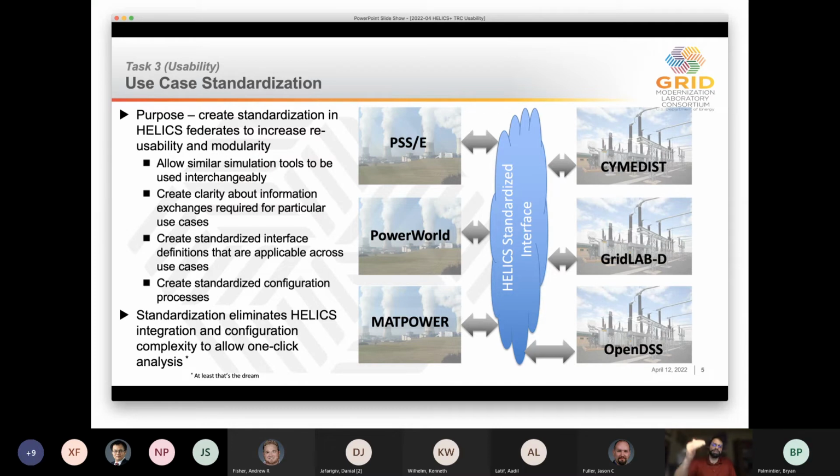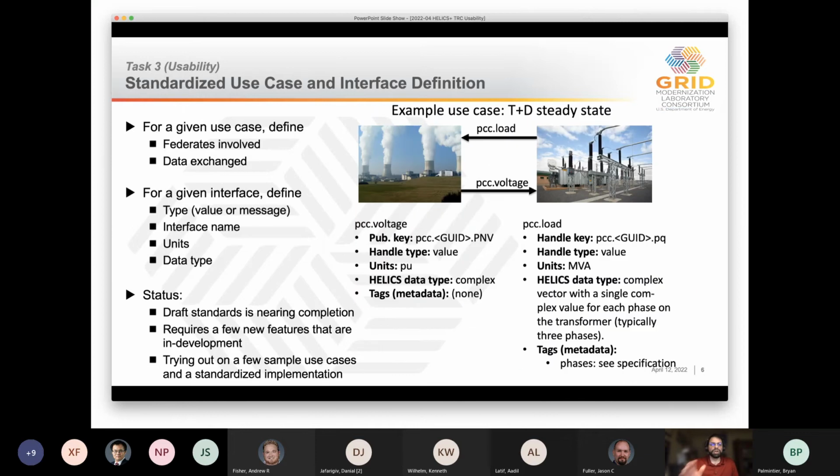So that's even one more level of standardization. But what we've realized is not every tool can even support a standardized implementation. Depending on the tool, you may have to do that implementation in a different way.